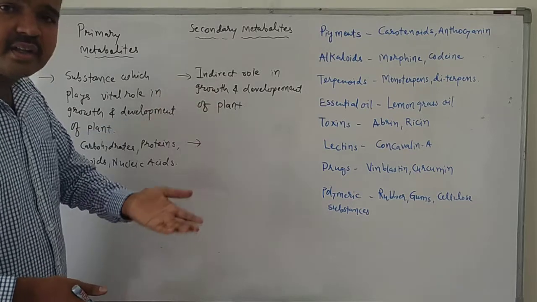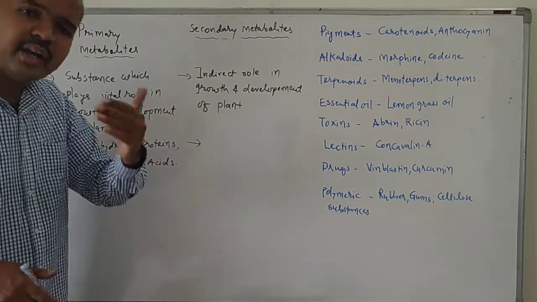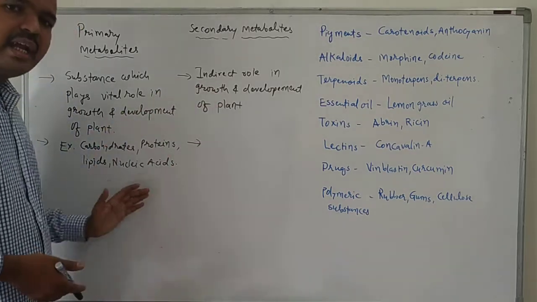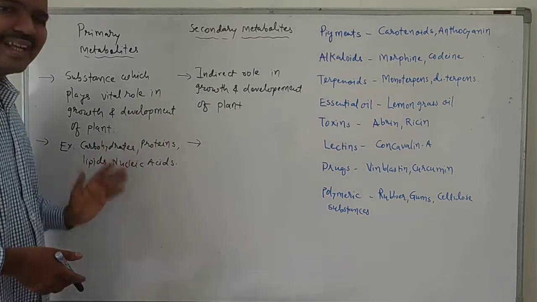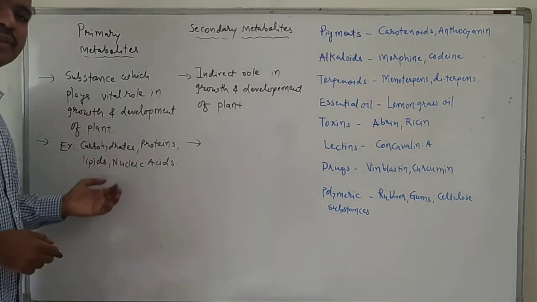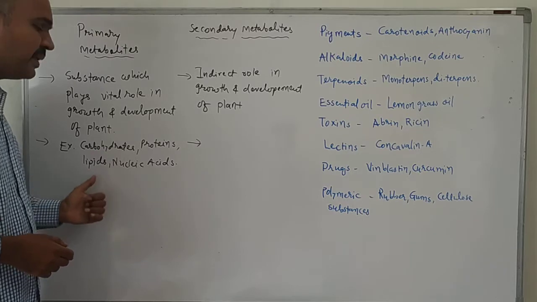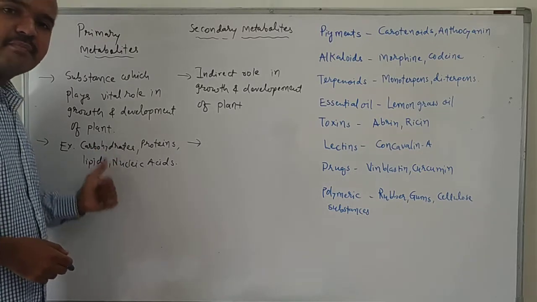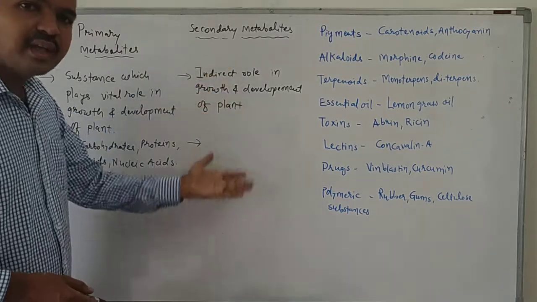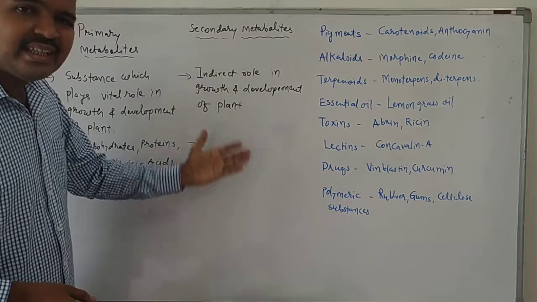You can write that by your own. I'm not writing on the board because of the less space. In the absence of carbohydrate, protein, lipids, and nucleic acid, plant is unable to survive, whereas in the absence of secondary metabolite, plants can easily survive.